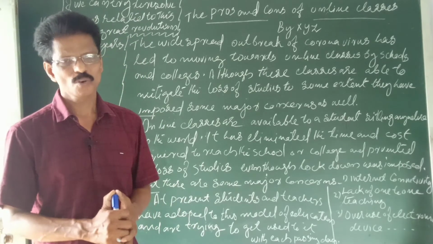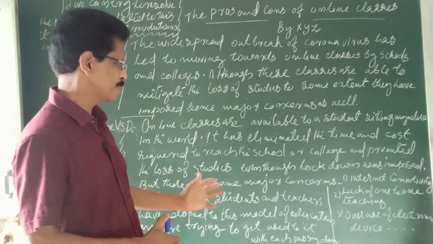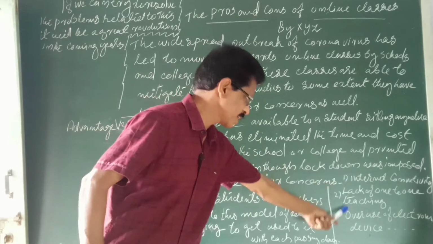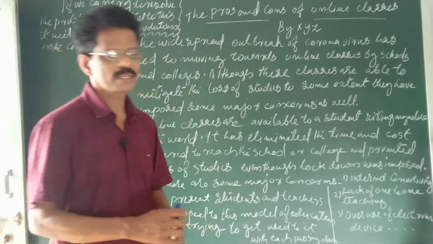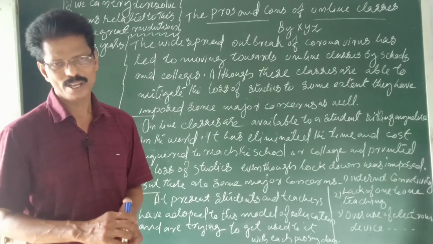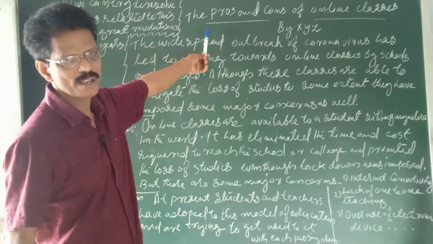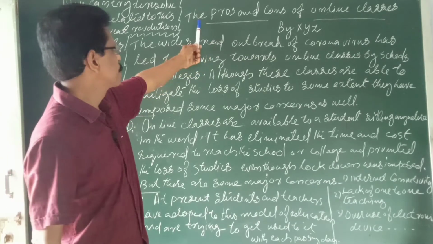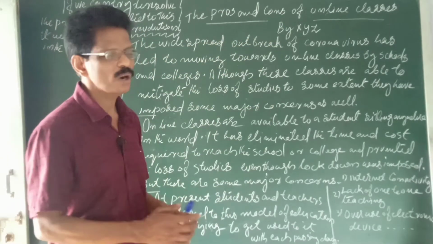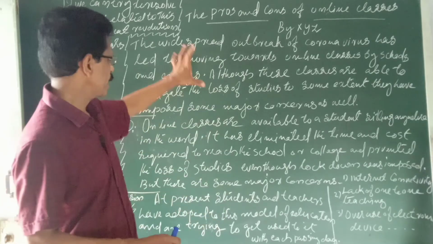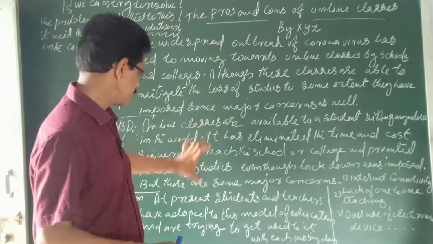Okay now, study all these three paragraphs. Especially make sentences of your own here explaining the disadvantages. This is the way you have to write an article. Article writing: the pros and cons of online classes. First introduction, then body, then comes conclusion.